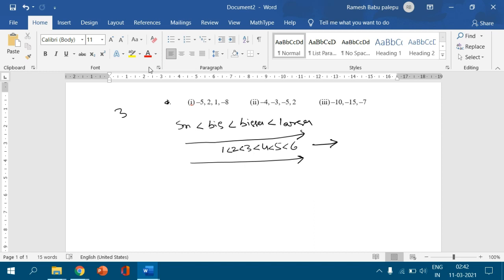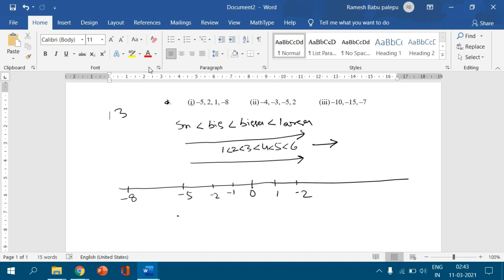Again we are going to use the number line for ease of solving the ascending order. This is the neutral point, and -8 is somewhere else, and -5 is somewhere else because this is -1, -2 and like that, and 1 is here and 2 is here. So we can write in a particular order, right?